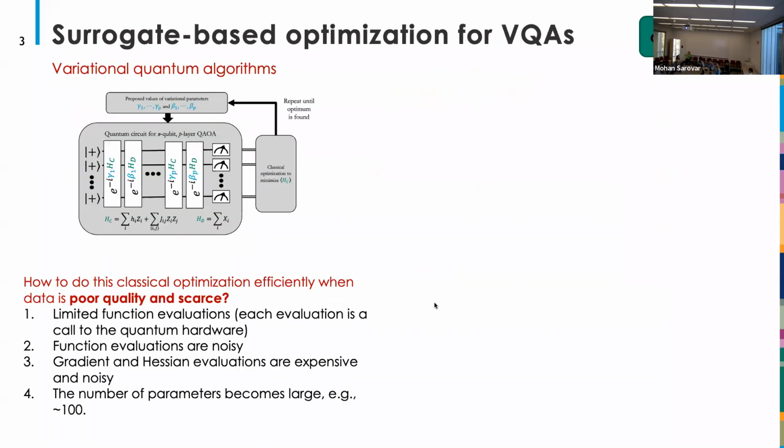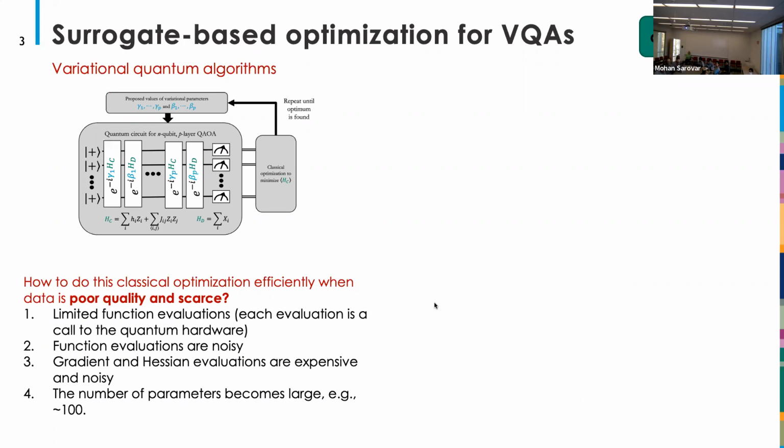Okay, let me just step through each one. So the first is this work on surrogate-based optimization for VQA. Variational quantum algorithms, I assume most people are familiar with. It's this idea that you use a quantum computer as a coprocessor to output some observable, which you optimize within a classical optimization.